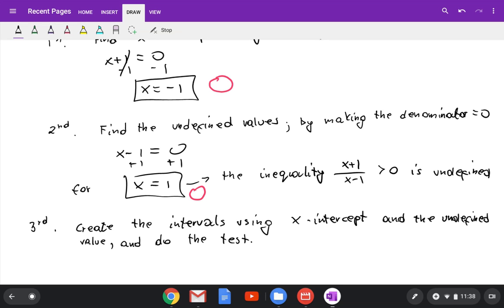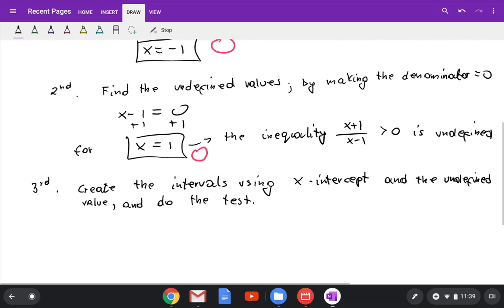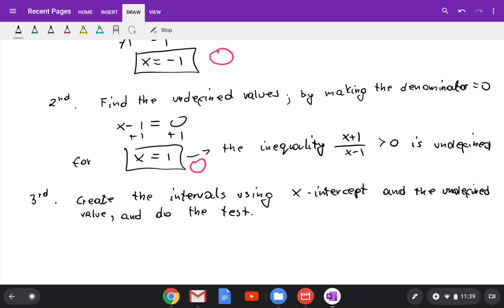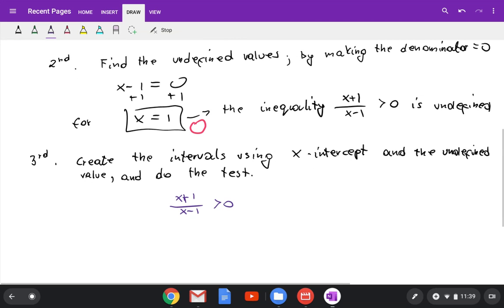I combined that; I gave you so many steps in the previous video. Here we're just catching up. So let's rewrite, so we don't have to go back and forth, that we're solving the inequality x plus 1 over x minus 1 is greater than 0.